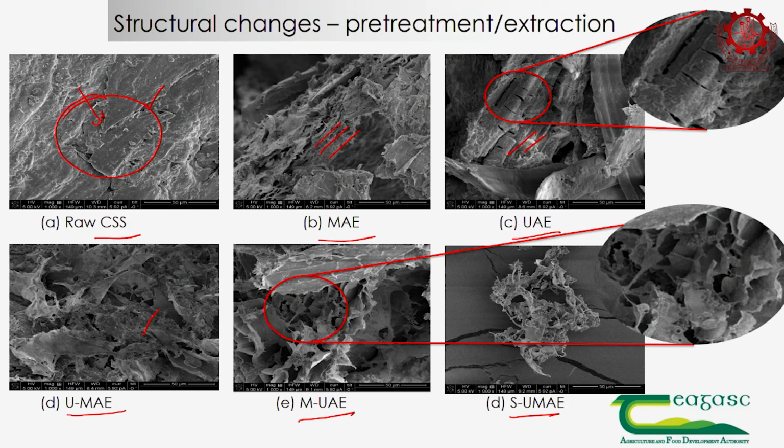The whole purpose here was how you disrupt the matrix so nicely, so that it absorbs the solvent at a much faster rate, solubilizes the solute and you remove the residue. That is the whole purpose of disrupting the cellular matrix.